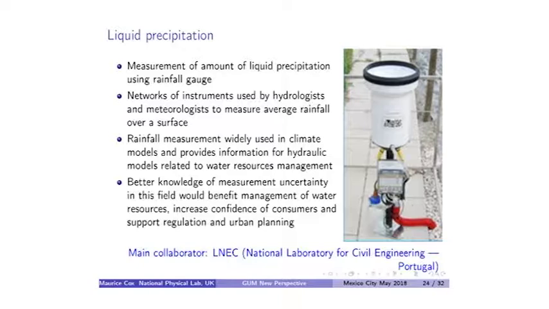And so the design of the placement of these rain gauges has an influence. And of course, we want to do the best we can. We want to inform water resources management companies. We want to increase the confidence of customers and so on. And so that's going to be useful. For this example, we're collaborating with a civil engineering company.